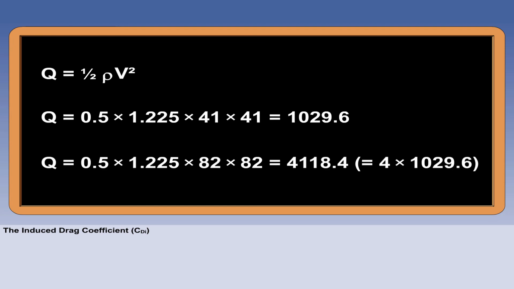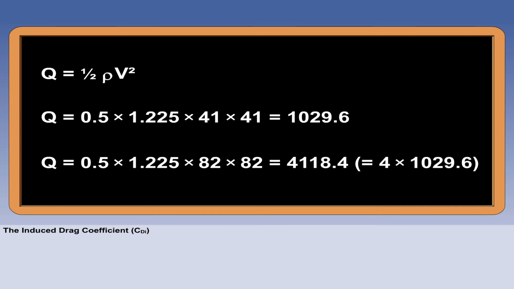We can work through an example, which illustrates the change in CDI with speed, which leads to the change in DI. If an aircraft's speed is increased from 80 knots, 41 meters per second, to 160 knots, 82 meters per second, the dynamic pressure will be 4 times greater.